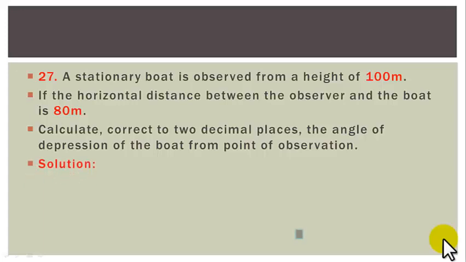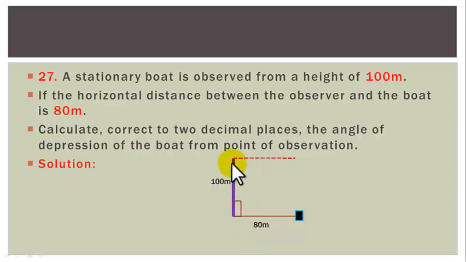Solution. Let this be the stationary boat, and this be a vertical pole, for instance. Then the distance of the stationary boat from the foot of the pole is 80 meters, and the height of the pole is 100 meters.